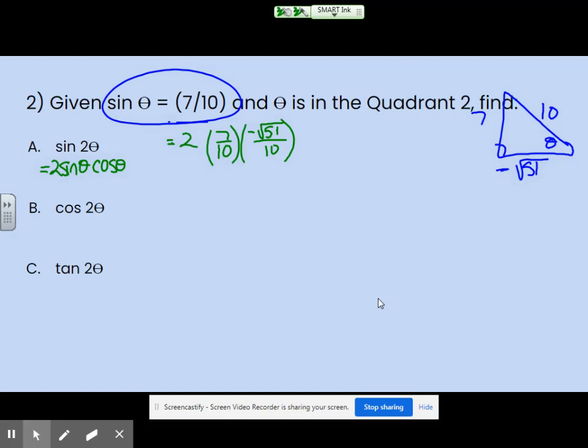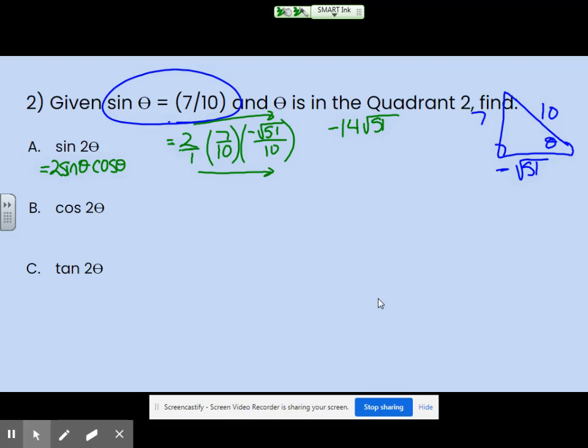From here, I just get to multiply my fractions. A lot of people get freaked out because that 2 is in a fraction, but we know that we can put any whole number over an invisible 1 to help us remember what fraction multiplication looks like. For fraction multiplication, the numerators and denominators both multiply straight across, so 2 times 7 times negative radical 51 gets me negative 14 radical 51.